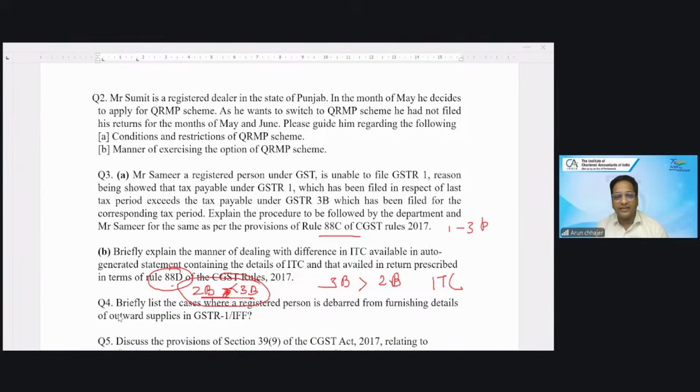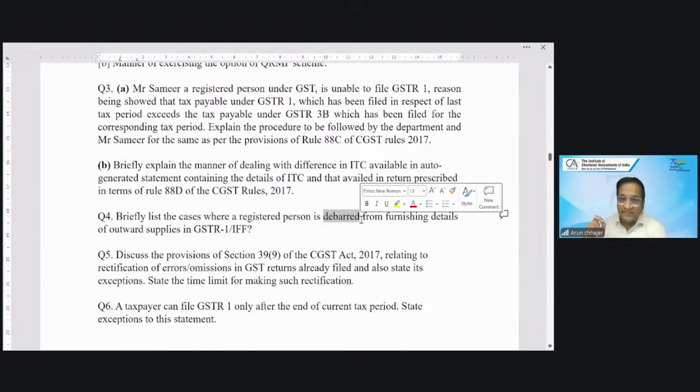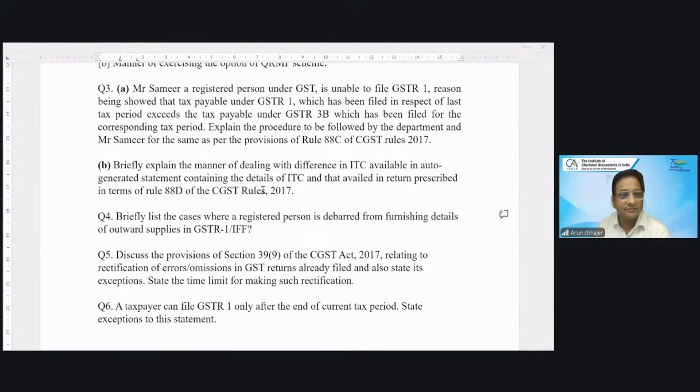Last question for the day. The situation when GSTR-1 is barred: which situation is it where you cannot furnish R1? Is the concept clear?